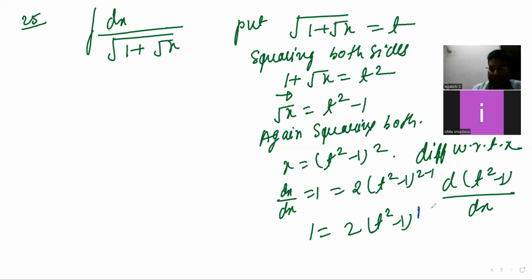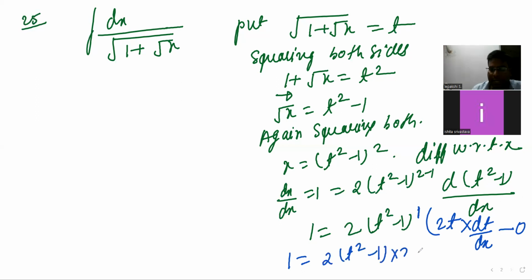Again differentiate t square, so it will be 2t into dt upon dx, and 1 will be 0. So your final answer will be 1 equal to 2 into t square minus 1 into 2t into dt by dx. Take this dx on the left hand side, then dx is equal to this term.